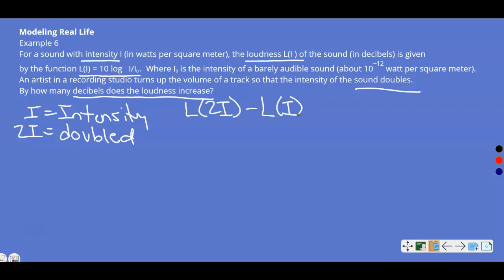That should give us what we're looking for, because what we're trying to figure out is by how many decibels the loudness increased.